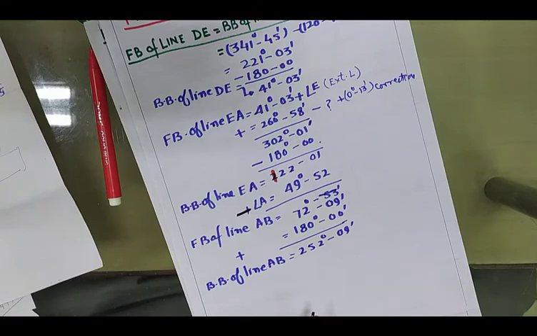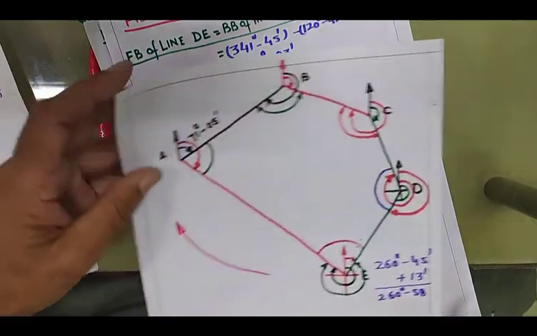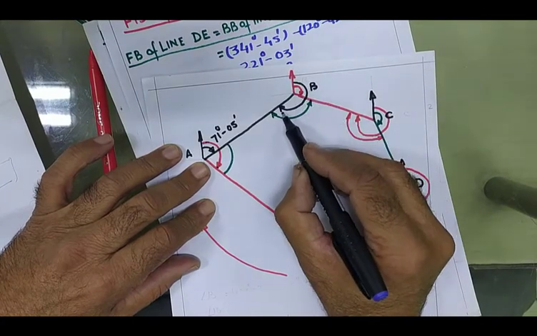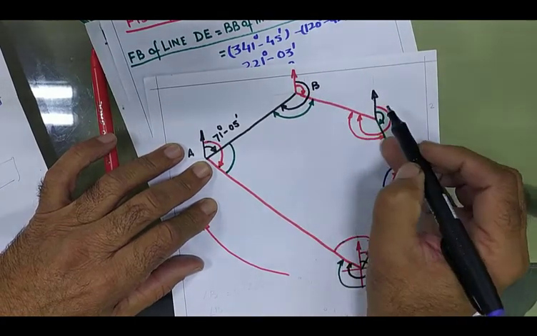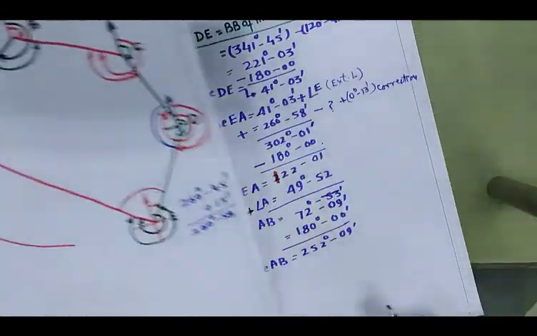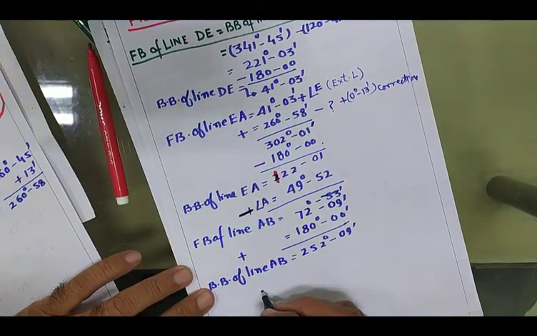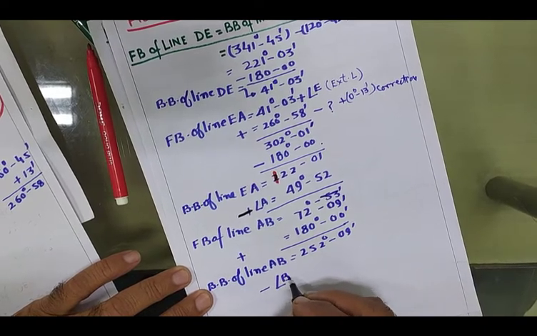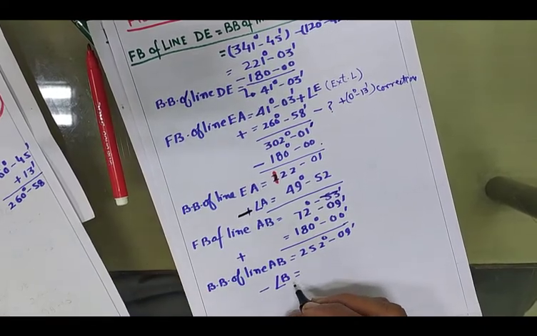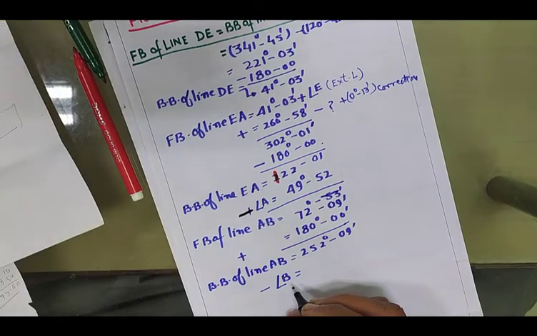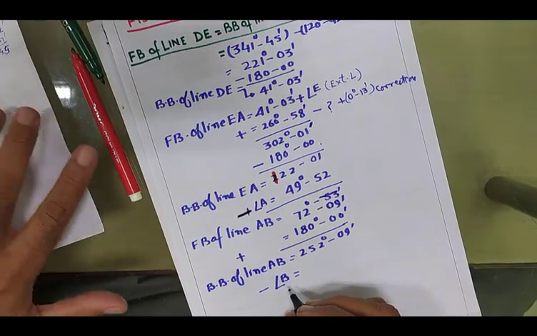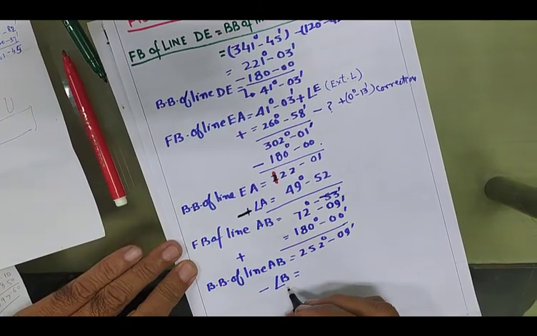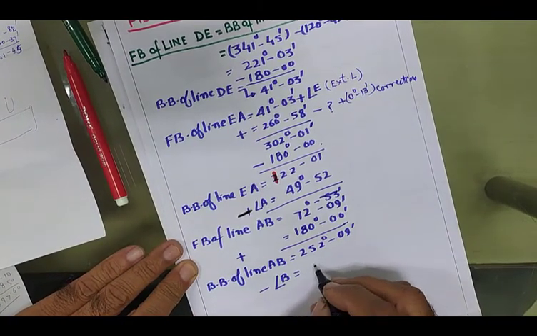So again, from the back bearing of the line given, here you deduct this angle B. This comes to be the forward bearing of line BC. The correct value of angle B is given as 139 degrees 47 minutes.